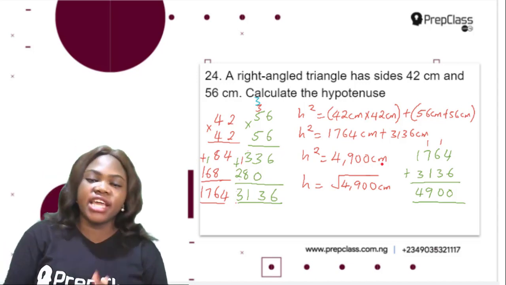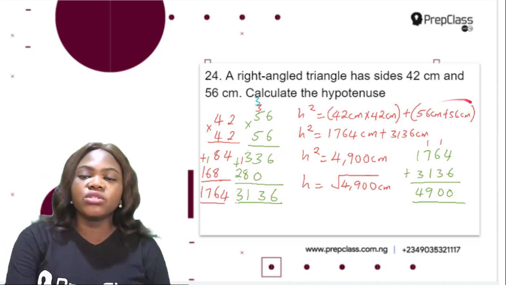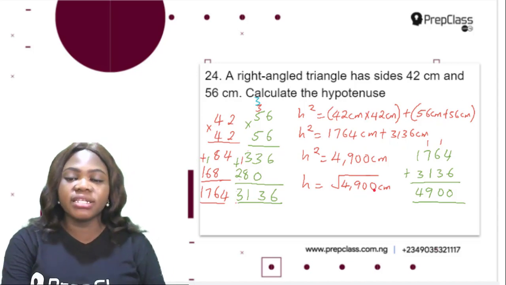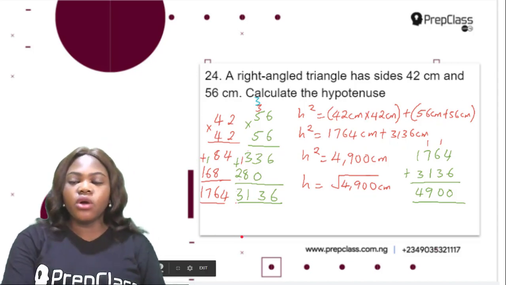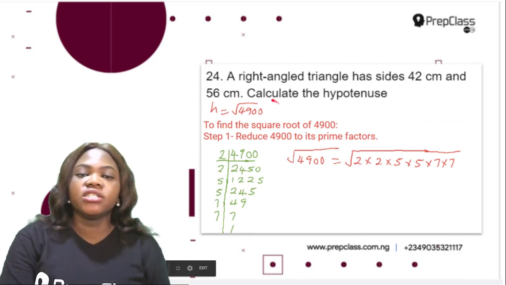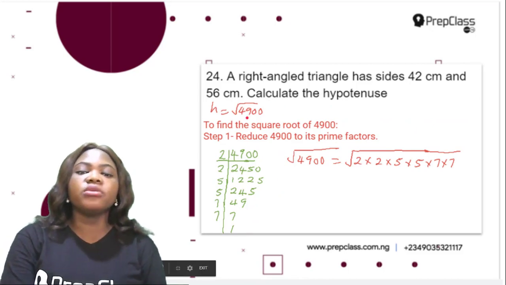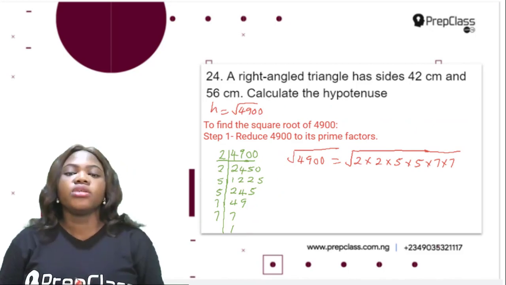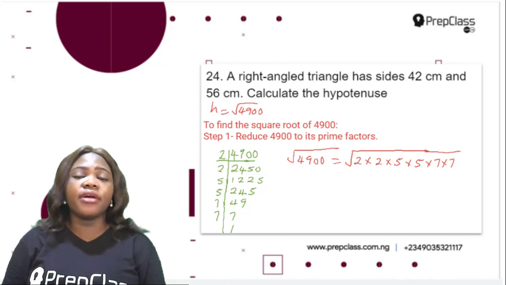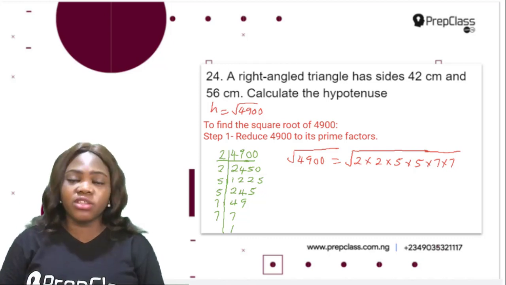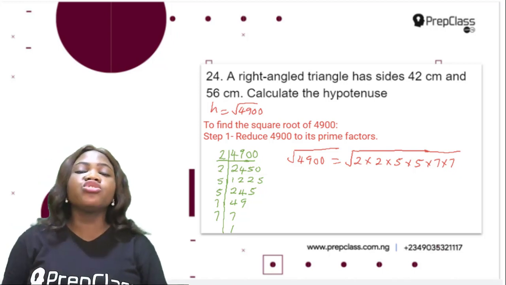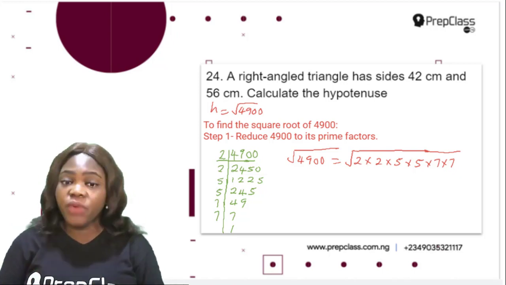So to be able to find h, we have to find the square root of 4,900 centimeter square. Okay, so let's do that right here. So h is square root of 4,900. To find the square root of 4,900, we're going to be using the prime factorization method. The first step is to reduce 4,900 to its prime factors.